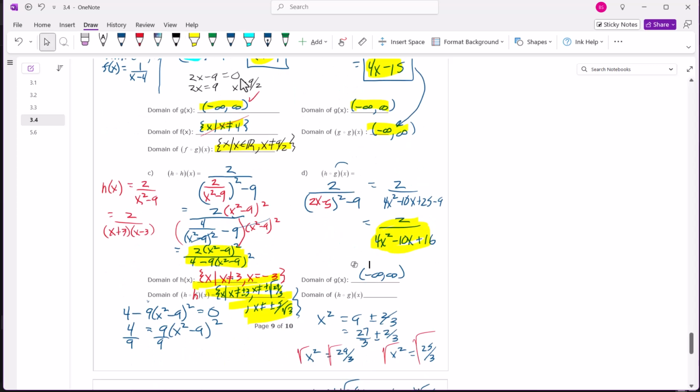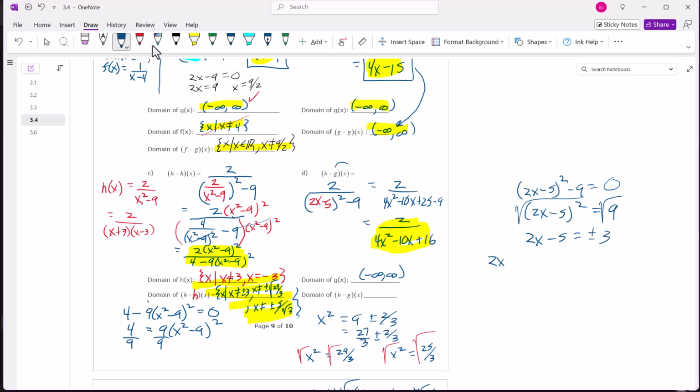Now, the only thing we have to worry about in this problem is, does anything cause this to be equal to 0? So you could take this and try to factor it, or you could take (2x minus 5) squared minus 9 equals 0 and solve that equation and see what happens. If we do this, we have (2x minus 5) squared equals 9. We take the square root of both sides to get 2x minus 5 equals plus or minus 3.